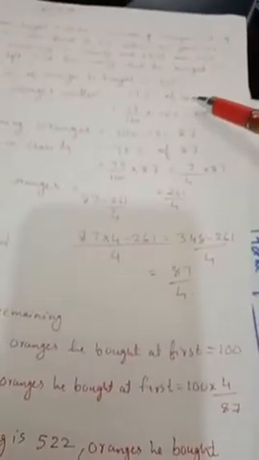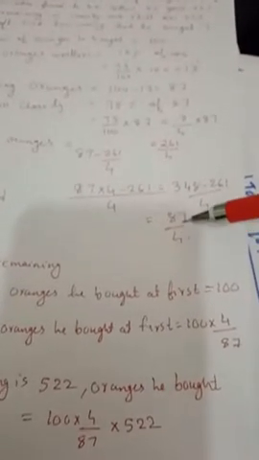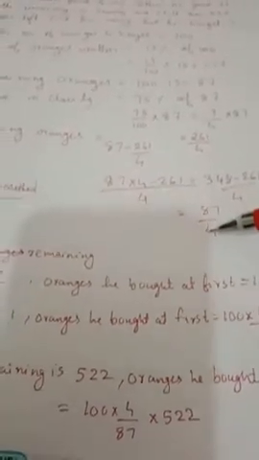If the number of oranges he bought at first is 100, then the remaining oranges are 87 by 4.